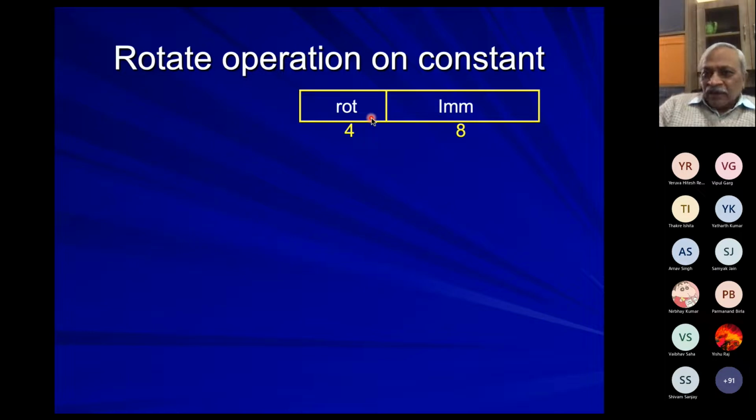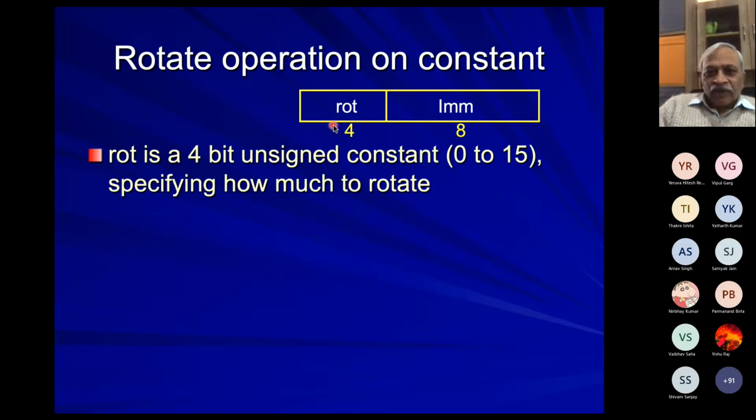It can be rotated by a certain amount, rotation by 0 or rotation by a number up to 15. Actually, the number you specify in the ROT field is 0 to 15, but the rotation amount is actually twice that.